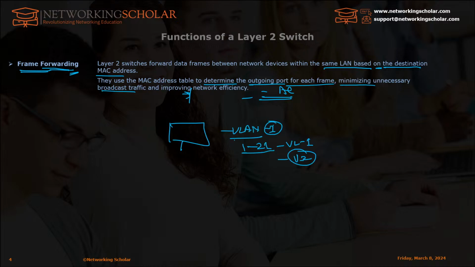Then it will not process frames from the other VLAN. That traffic is unnecessary for this port. Suppose that ports 22 to 24 are part of VLAN 2, then VLAN 1 traffic is unnecessary for VLAN 2, and VLAN 2 traffic is unnecessary for VLAN 1. It is not going to forward across different VLANs.